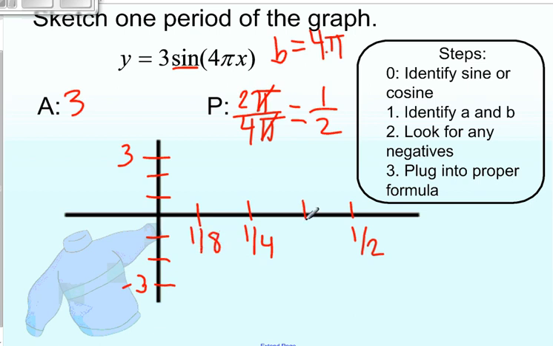Okay, and then here we'll have our 3/8 because we counted by 8. Okay, we started with the sine function, which means we're starting at 0, and then it goes all the way to the top, and then back down to 0, all the way to the bottom, back up to 0, and we draw in our graph. Okay?